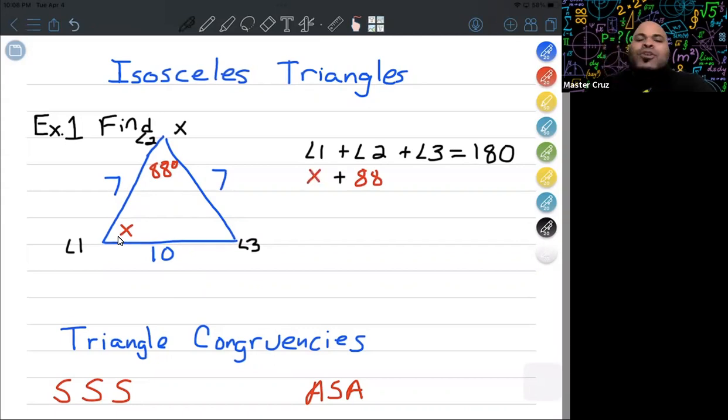Now, usually they have to give me two angles in order for me to find out the third one. This time they only gave me one angle. So how can I find out the other? Well, the trick here is that in an isosceles triangle, when the two sides are the same, these two angles that form that side, if you would say, they're also the same.